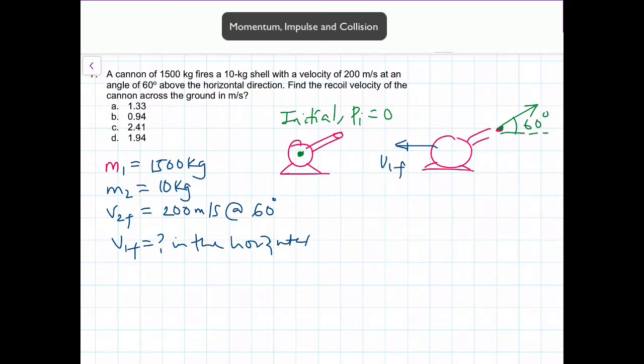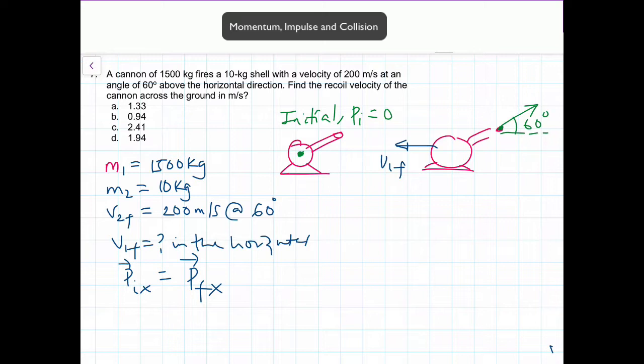Momentum is a vector quantity. As a result, you need P initial in the X equal to P final in the X. That's how you need to approach the problem.